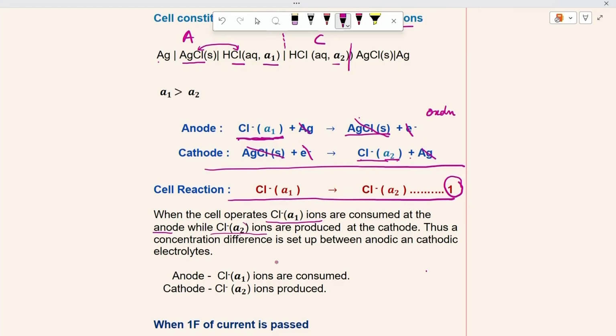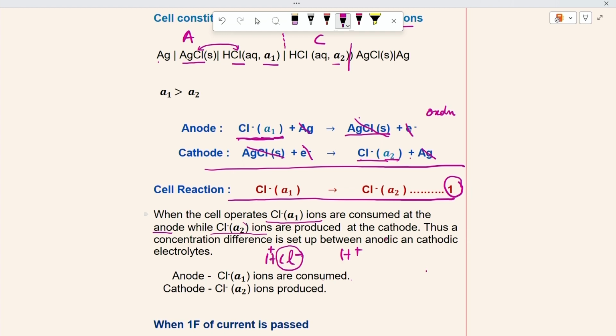Now, let us see how it occurs. At anode, the chloride ions are being consumed. And where does this chloride ion come from? That is from the HCl solution. So, from HCl solution, when the chloride ions are being consumed, H plus ions are left back.